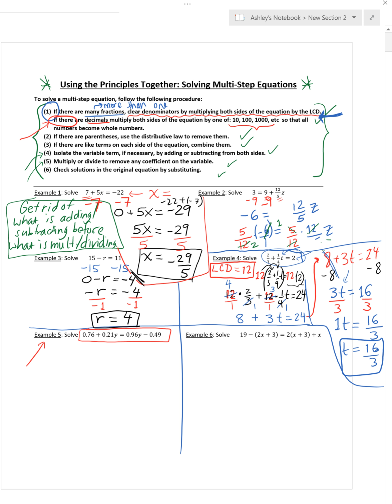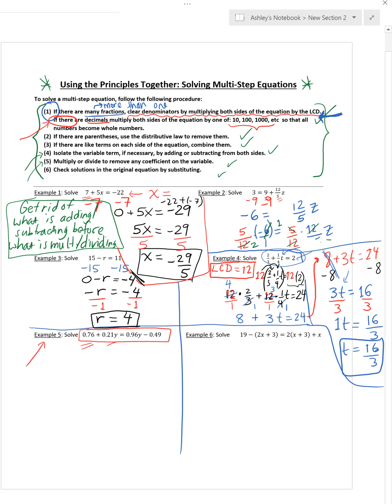You know what I mean? So like if I multiply this number here, 0.76 by 10, that'll move the decimal once to the right, but I don't kind of want to move it twice to the right. So if I multiply 0.76 by 100, 100 times 0.76 is 76. And that's a whole number. I'd much rather deal with that.